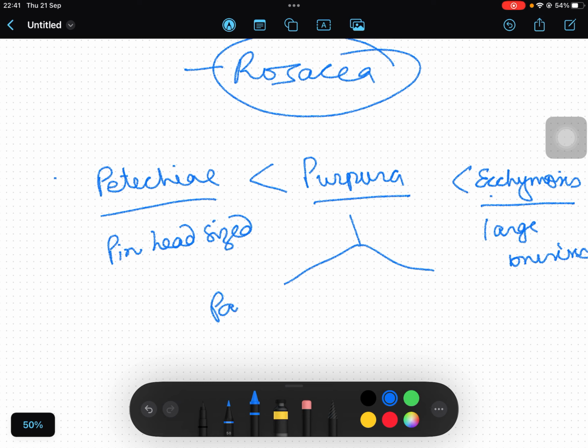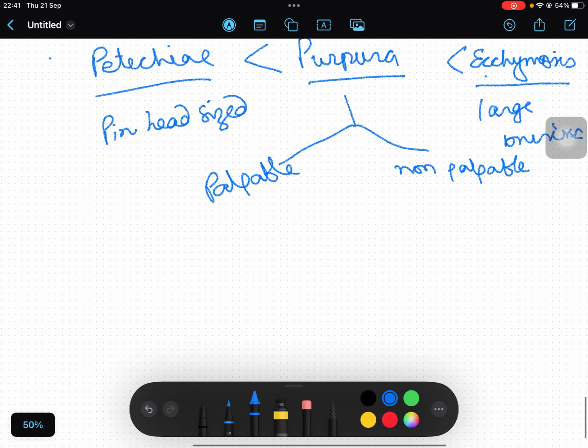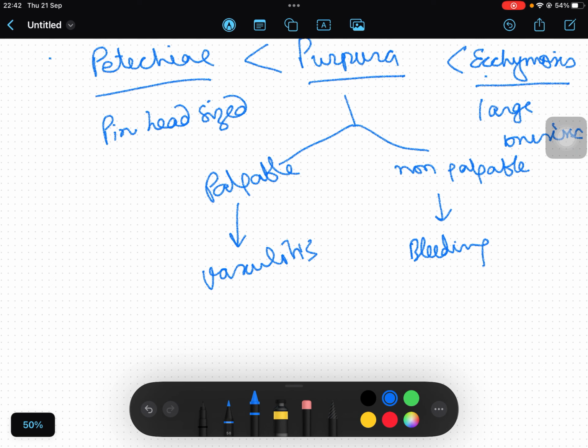Purpura may be palpable or non-palpable. Palpable purpuras usually result due to vasculitis, whereas non-palpable purpuras are as a result of bleeding or clotting disorder.